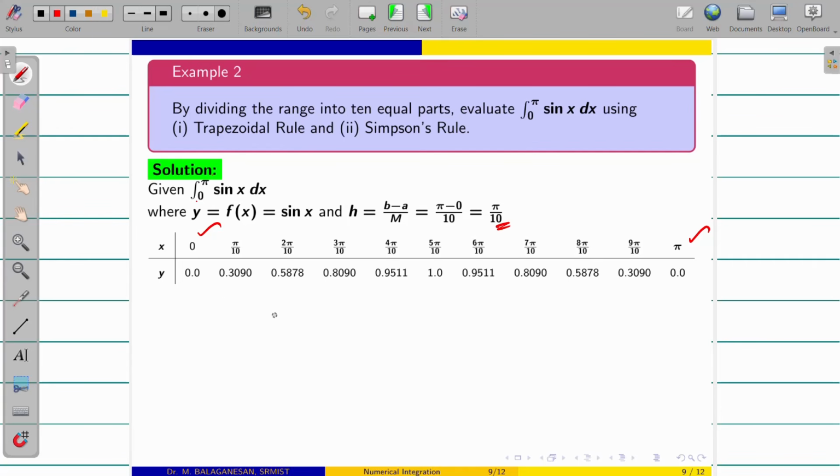As I told you already, it's better to insert the formula sin x. Very, very important clue I'm going to give now.